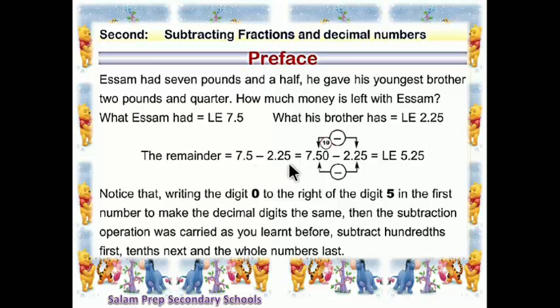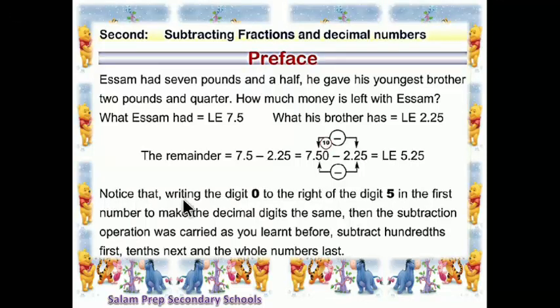2.25 equals. To subtract two numbers, we must balance decimal numbers. We can put 0 here in decimal part. So 7.50 minus 2.25 equals 5.25 pounds.